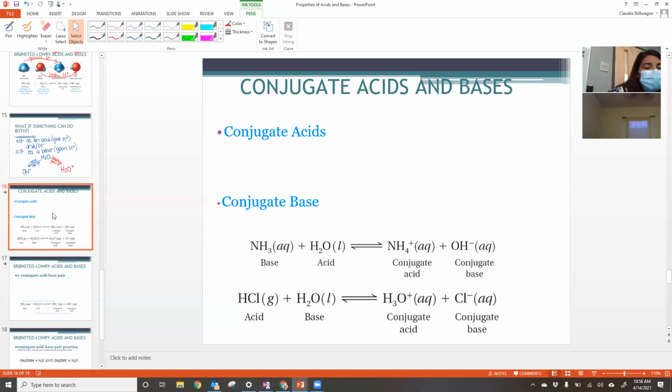A conjugate acid is the product formed when a base gains a hydrogen ion.